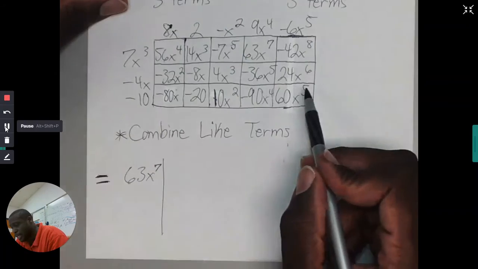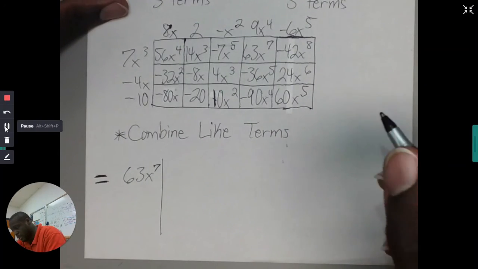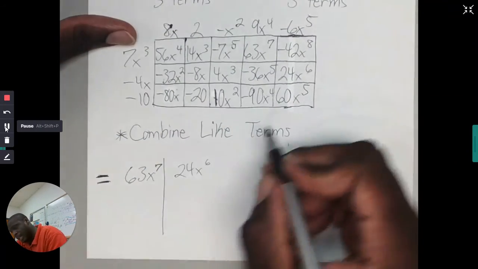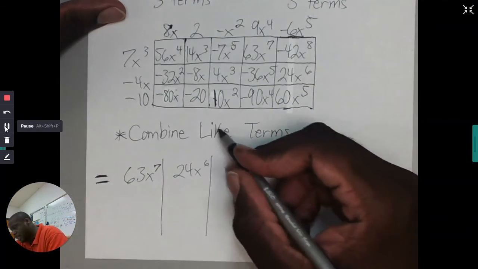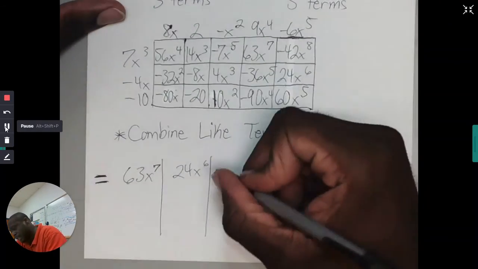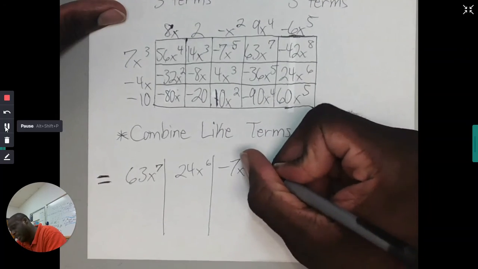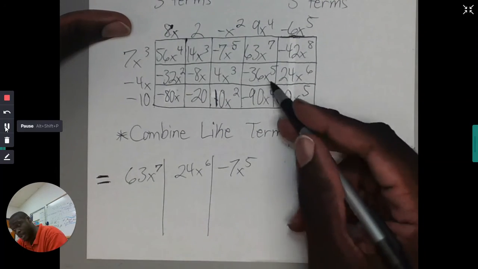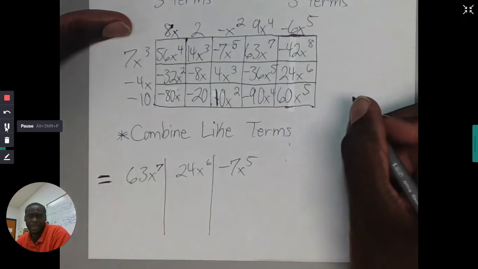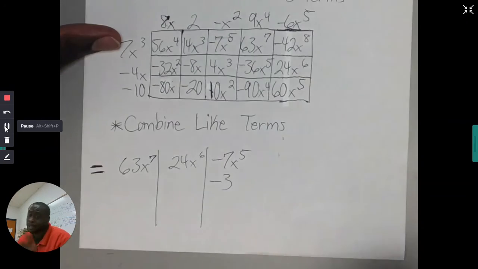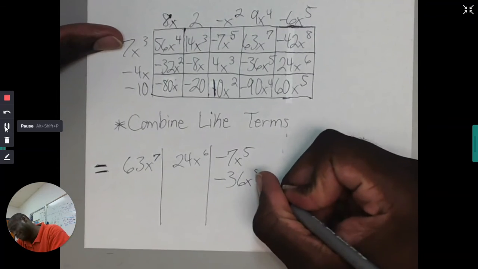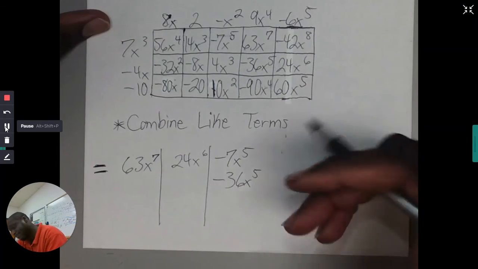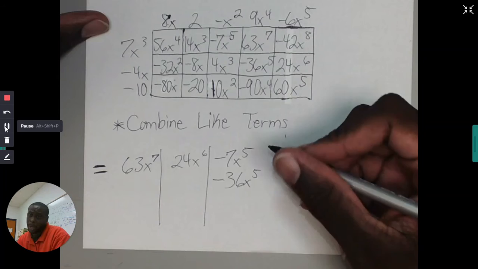All right, the next highest term, 24x to the 6th. Any like terms with that? Nope. Next highest term, negative 7x to the 5th. Any like terms with that? Yes, there are. I know I'm asking questions and answering them, but I'm not talking to myself, okay? Talking to you. You're just not here to answer me, so I'm going to answer me.